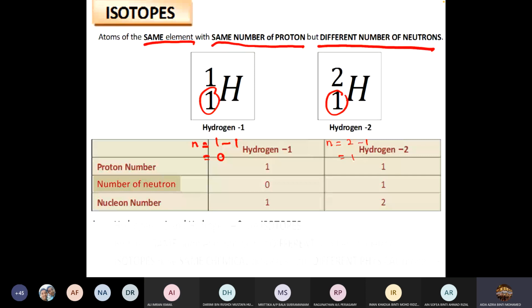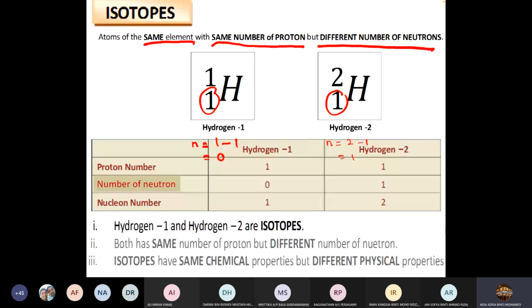Very good. Okay. So, isotopes ni biasanya kita akan panggil nama dia macam ni. Hydrogen 1, hydrogen 2. Mana kita nak dapat number 1 dengan 2? 1 and 2 merujuk kepada dia punya nucleon number. Sebab kalau korang tengok, setiap isotopes yang berbeza hanya nucleon number pada standard representation.